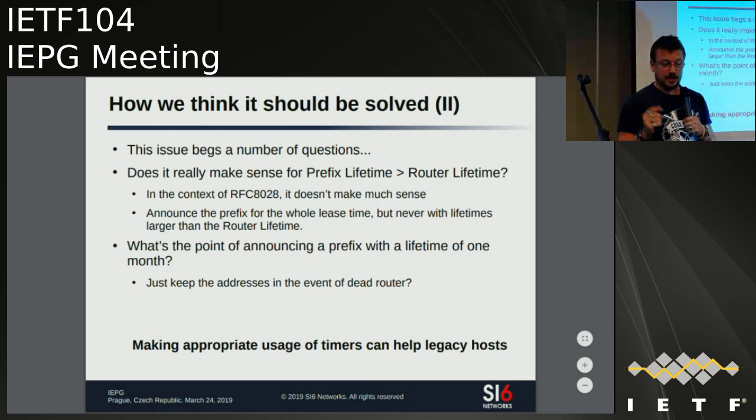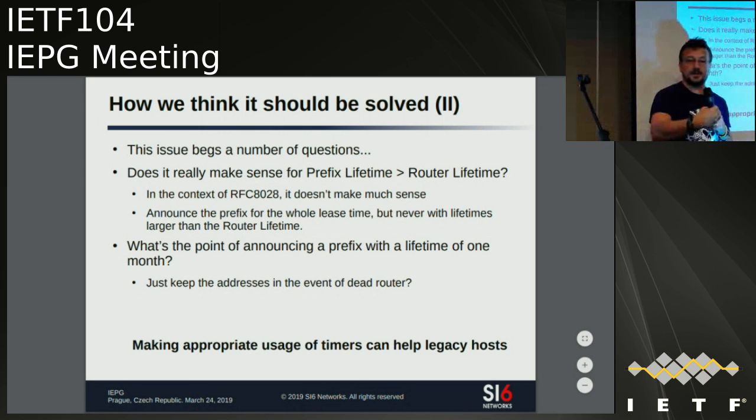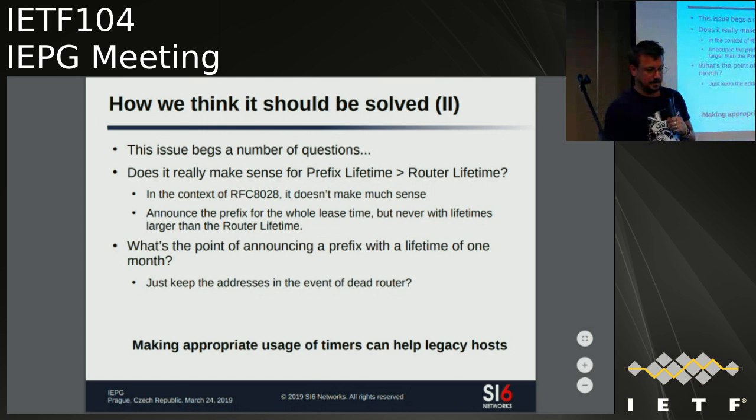That's one thing. The second thing is that the local router could never advertise the prefix with a lifetime larger than the router lifetime. So even if communication with the ISP is lost, the local router can still continue advertising the prefix, okay, for as long as the prefix lifetime.